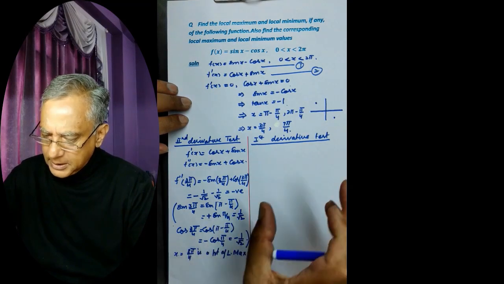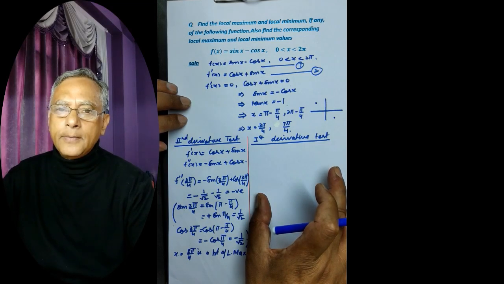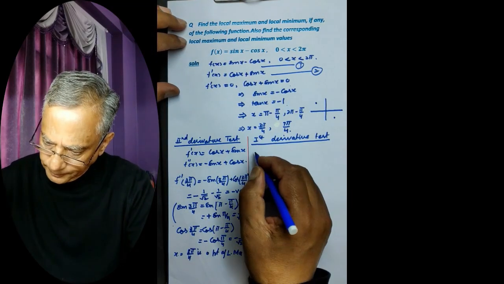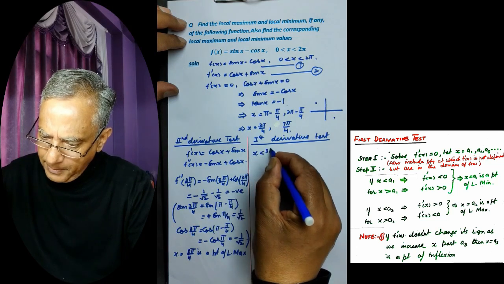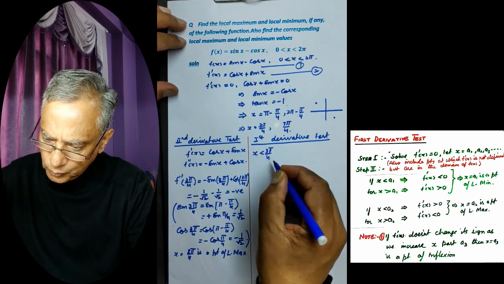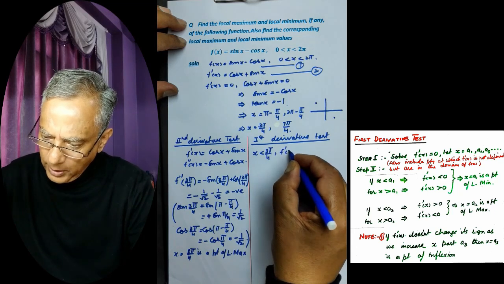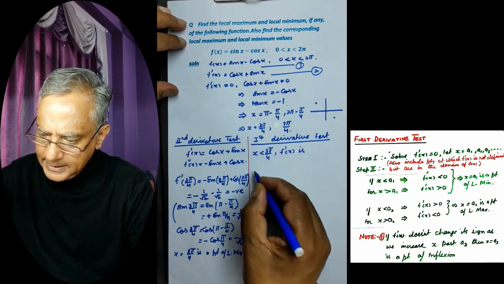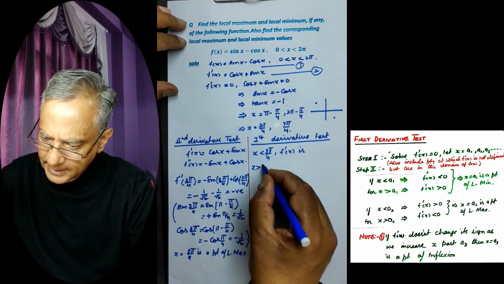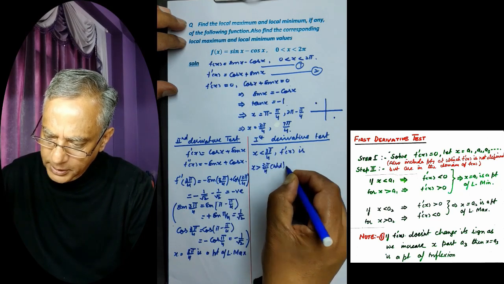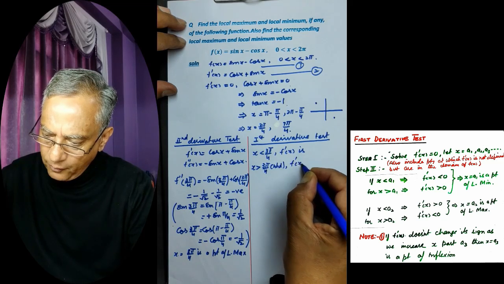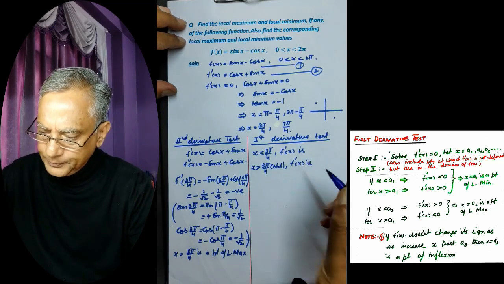Now I will discuss the same point using first derivative test. Now for x less than 3 pi by 4, we have to find the sign of f dash x, and for x greater than 3 pi by 4 in the neighborhood of these points, we have to find the sign of f dash x.